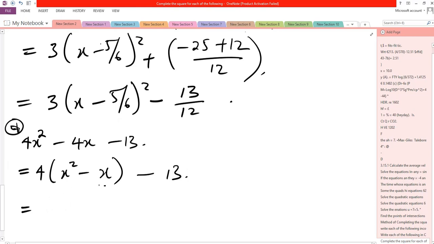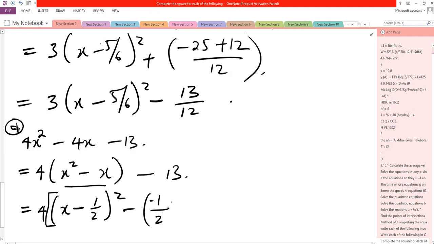To change this to a complete square, you say 4, this will now be x, minus... The coefficient of x here is 1, so half of 1 is 1 over 2, all squared, minus half the coefficient of x, so minus 1 over 2 squared.